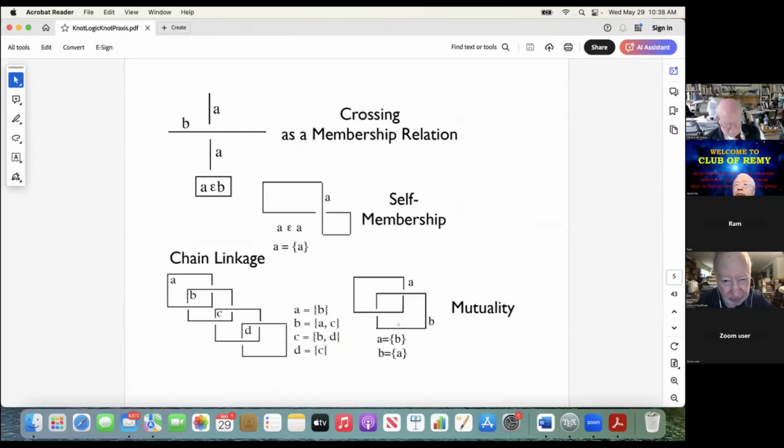And you can have more complicated kinds of mutualities among larger populations of entities like this. Here, A and B are members of one another, and B and C are members of one another, and C and D. But by the time we get to D, it doesn't have anything to do with A anymore, unless it came back round. So D and A are linked by mutualities.